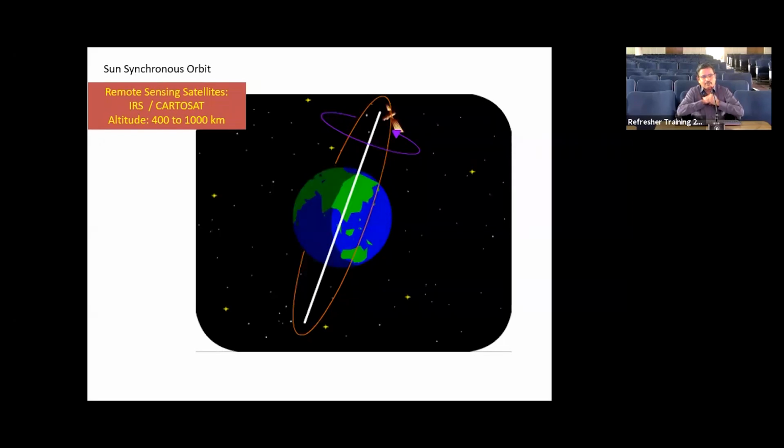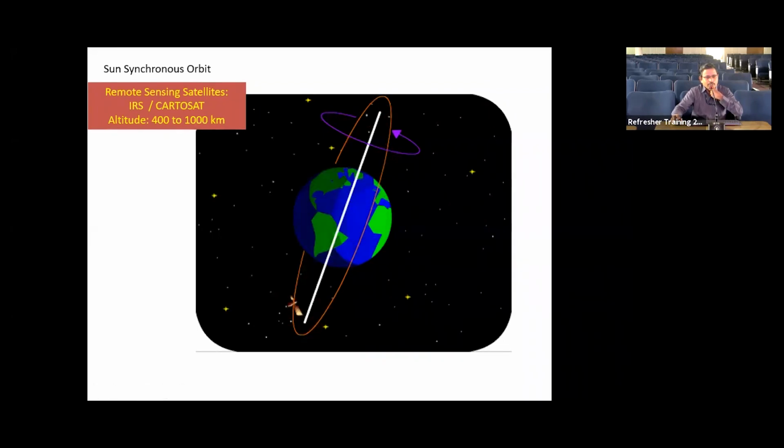These are some satellite orbits, where these satellites are orbiting in space. Generally, the remote sensing satellites, which are nowadays available for various applications, take this orbit, namely the sun synchronous orbit, which ranges from 400 to 1000 kilometer altitude.